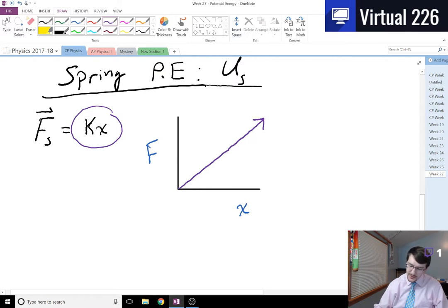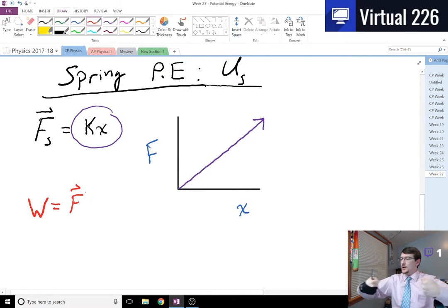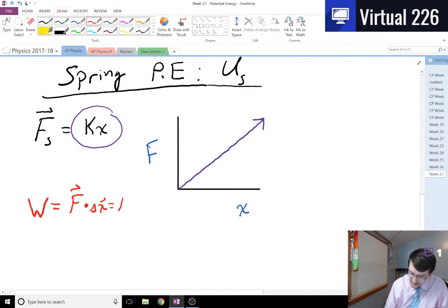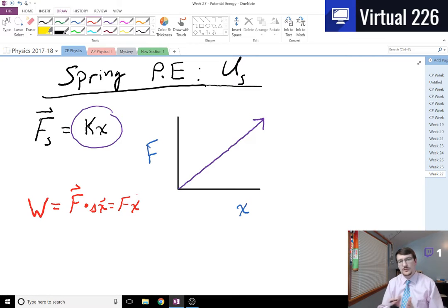So what we have here is this linear graph going positively upward, and if we wanted to find the amount of work done here, we know that work is equal to F dot delta x technically, but let's assume that we're pulling along the direction of the spring stretching. So we can just say that this F dot delta x is really just Fx. But we can't just use Fx in a problem like this because the force is changing.